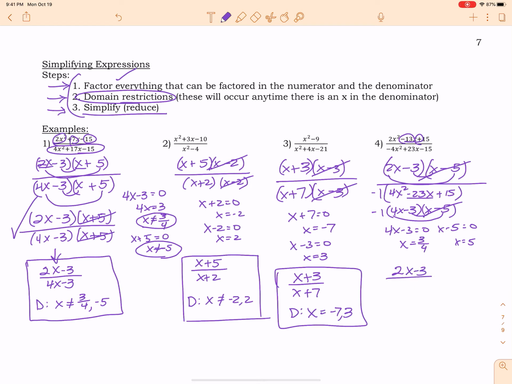I swear. It's late. I need to go to bed. And then my domain restrictions, x cannot be 3/4 or 5. Magical and beautiful. I knew you'd love it.